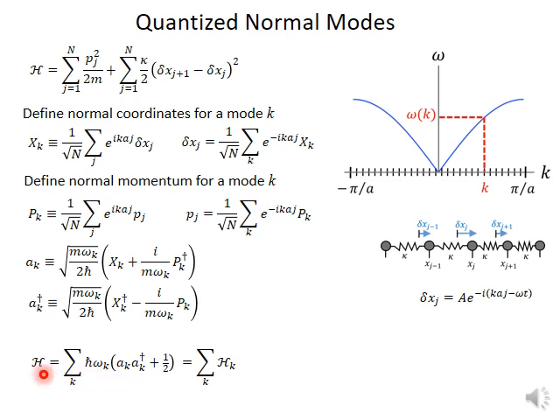The nice thing here is that you have split this Hamiltonian into many different parts, such that you can sum all these parts over k. You can take a particular k and find a sub-Hamiltonian for that mode. Then you can find a sub-Hamiltonian for the other mode, and you add all those Hamiltonians up and you get the total Hamiltonian of the system back.